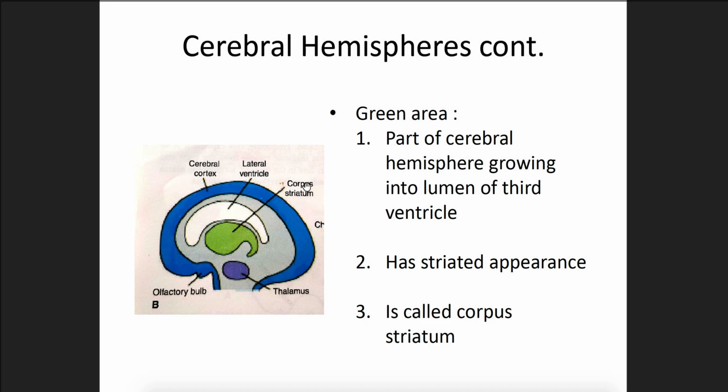This part, the green area of the cerebral hemisphere, it grows into the lumen of the third ventricle, which means the lumen of the diencephalon. And this has a striated appearance, and so this part of the cerebral hemisphere is called corpus striatum.